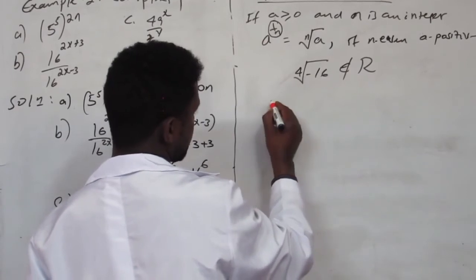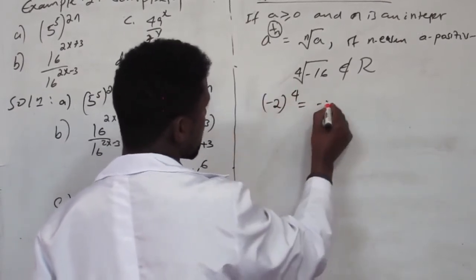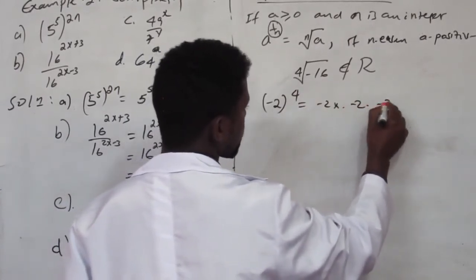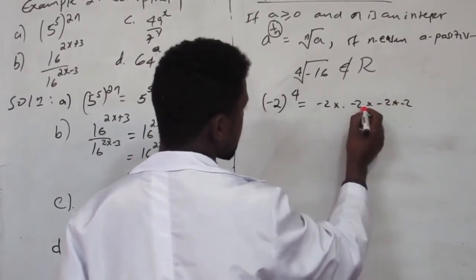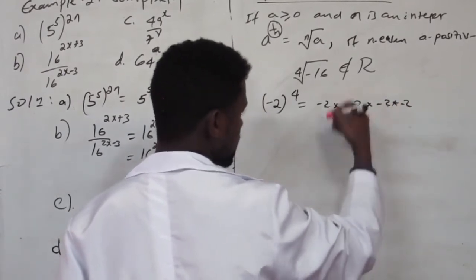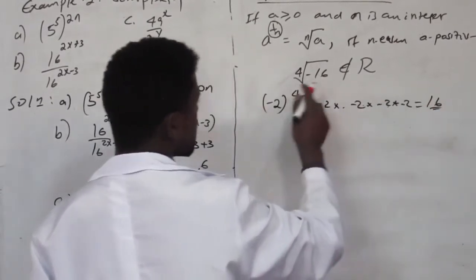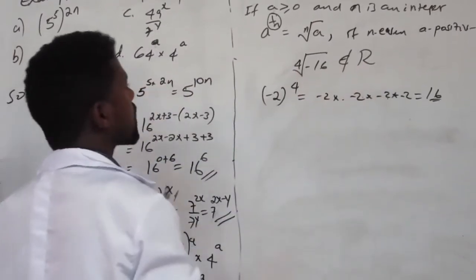For example, negative 2 to the power of 4, which is even, means negative 2 times negative 2 times negative 2 times negative 2. Negative times negative is positive, times negative times negative, it becomes positive, that becomes 16, right? So this must always be positive. So in this case, it cannot exist in the set of real numbers.